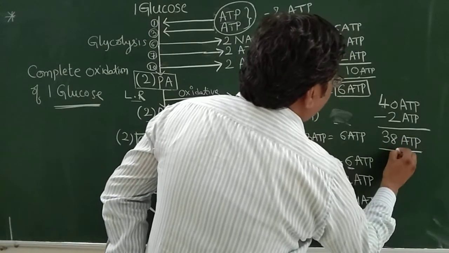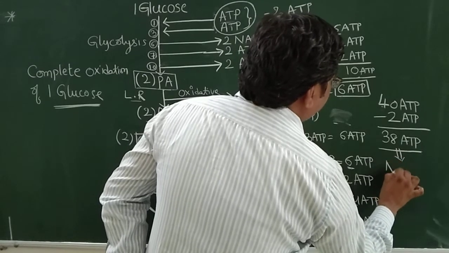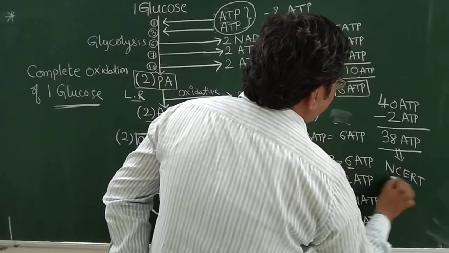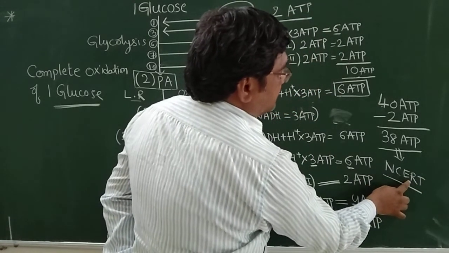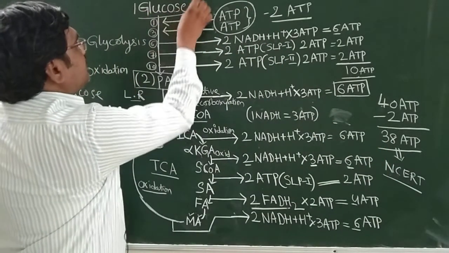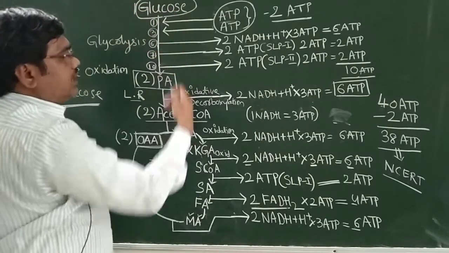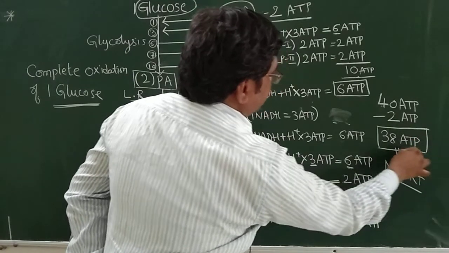So this concept is given in the NCERT biology book. Okay na? So according to the NCERT biology textbook, one complete oxidation of one molecule of glucose produces 38 ATPs.